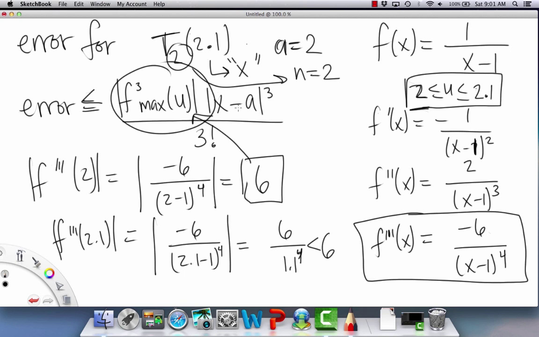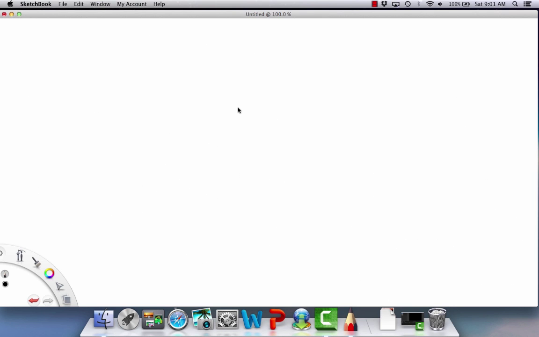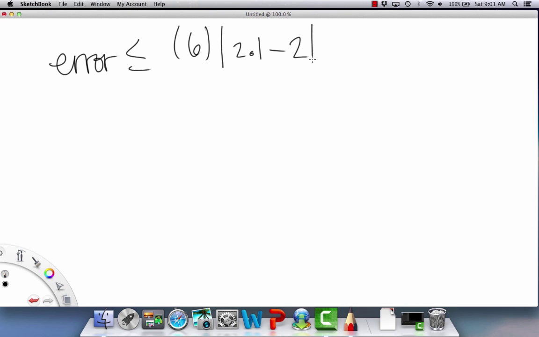Okay, so now we have everything that we need to calculate the error. So we're going to get that error is less than or equal to, we're going to plug in 6, right? And then we have x minus a, so that'll be 2.1 minus 2, to the third, over n plus 1 factorial, which was 3 factorial.